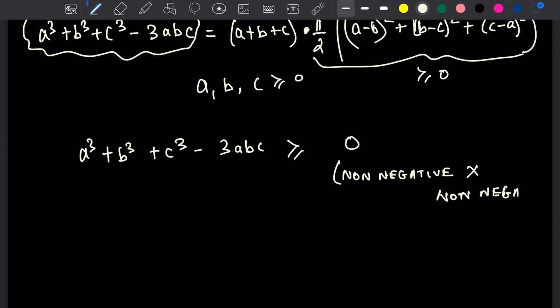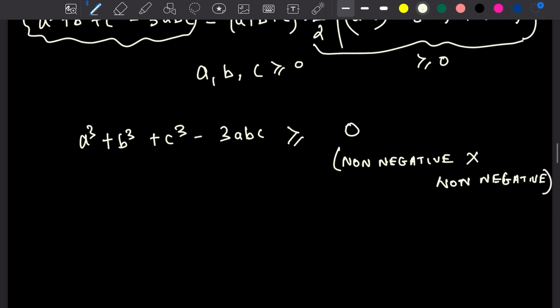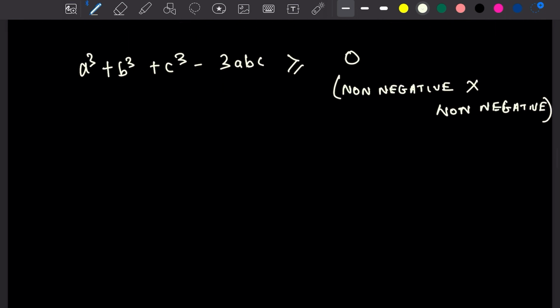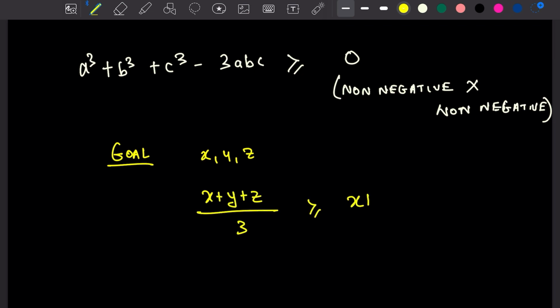Right? Okay, so how does that help? Well, my goal was to show that if x, y, z are non-negative numbers, then (x plus y plus z) by 3 is greater than or equal to xyz raised to the power 1/3.